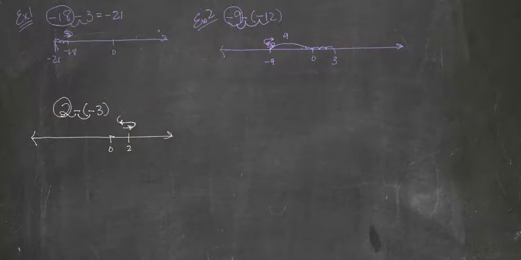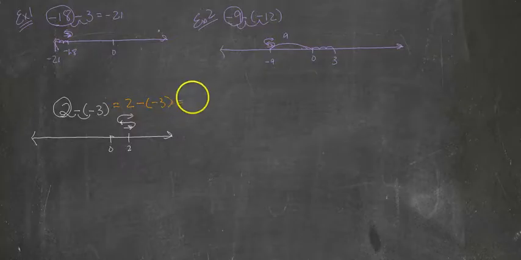Another minus says turn around another time. So that's two turnarounds. Well, if I turn completely around once and then turn completely around again, I'm just exactly where I started. And since where I started was going in the plus direction, two minuses together equals a plus. I can just make that assumption. So in this case, I would work this problem by saying 2 minus negative 3 is the same thing as 2 plus 3.